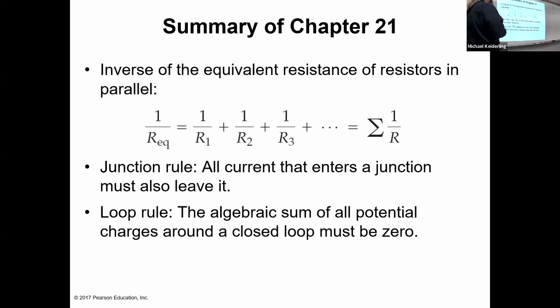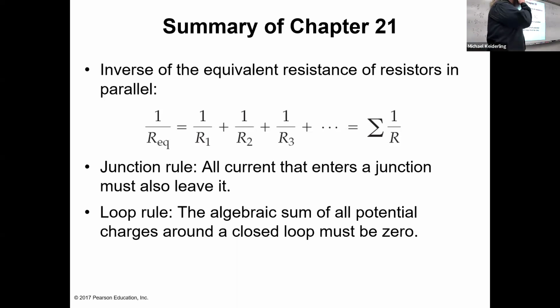It's the harmonic sum, if you want to use a fancy term for it. The 1 over R equivalent is the sum of 1 over R. The junction rule is that all current that enters a junction also has to leave it.